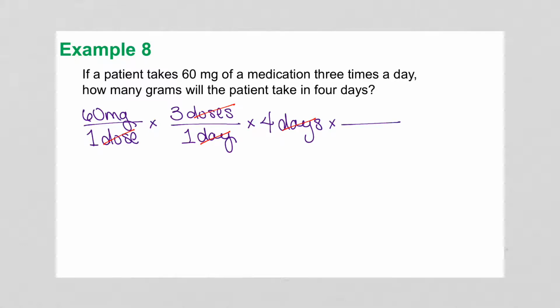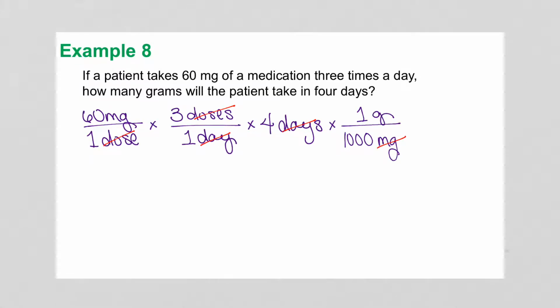And we know that there are 1,000 milligrams in 1 gram. So that'll leave us with just grams. So 60 times 3 times 4 divided by 1,000 is 72 hundredths of a gram is how much she'd take in 4 days.